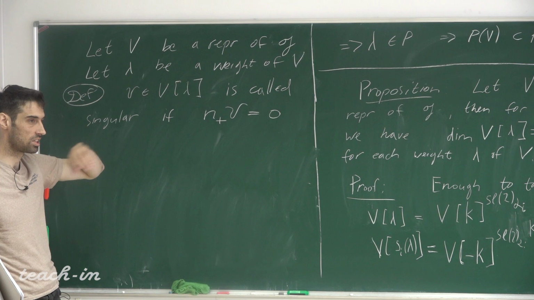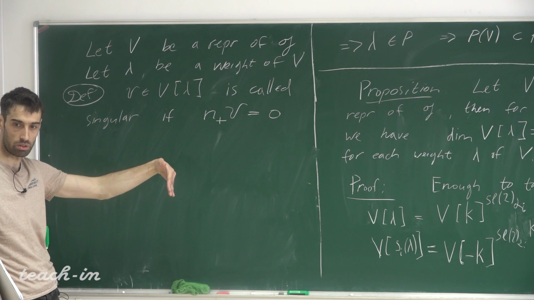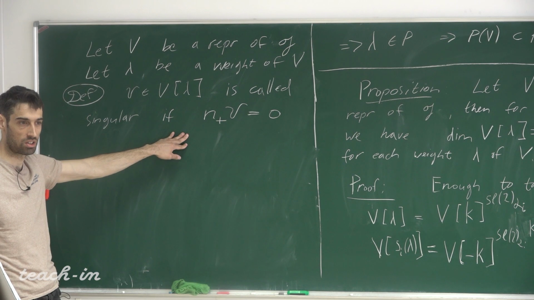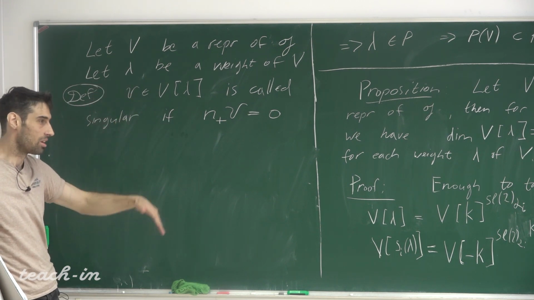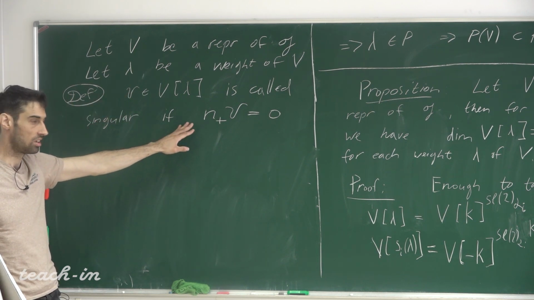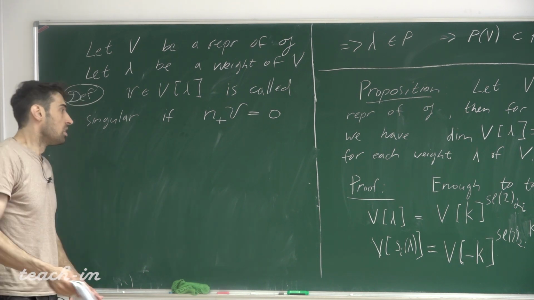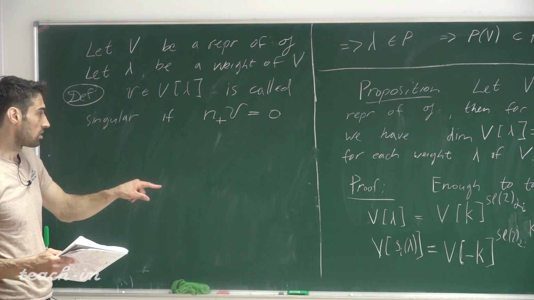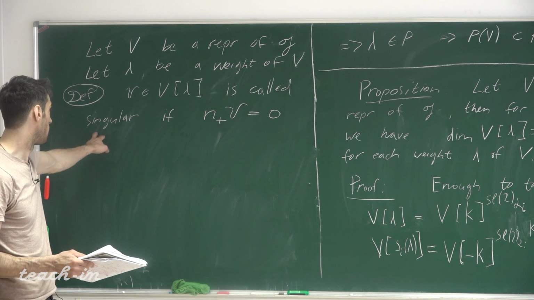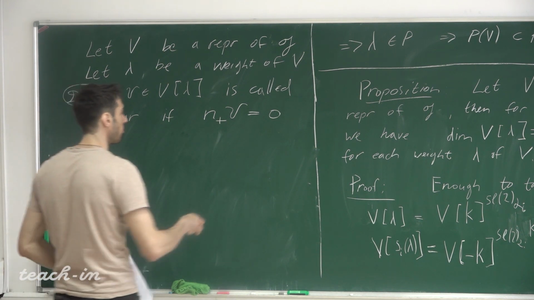Here n plus is the direct sum of all g alphas such that alpha is a positive root. All this depends on the choice of polarization, so suppose we fix some polarization. Weight decomposition doesn't depend on polarization, but what I call a singular vector already depends on polarization.